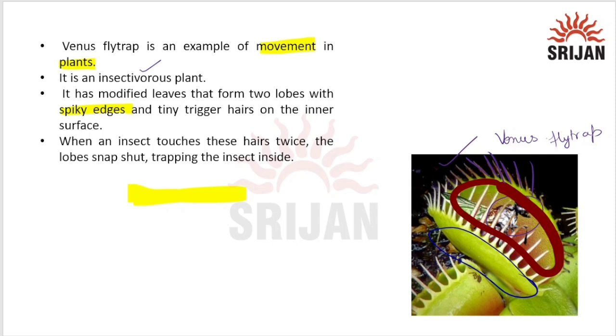Small trigger hairs are also there on the inner surface. Inner surface means the part I am highlighting with the yellow color. This is the inner surface. When an insect touches these hairs twice, the lobes snap shut, trapping the insect inside.